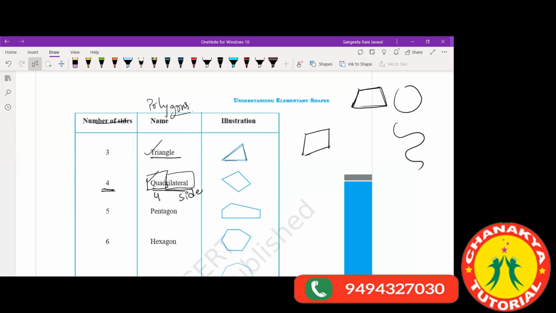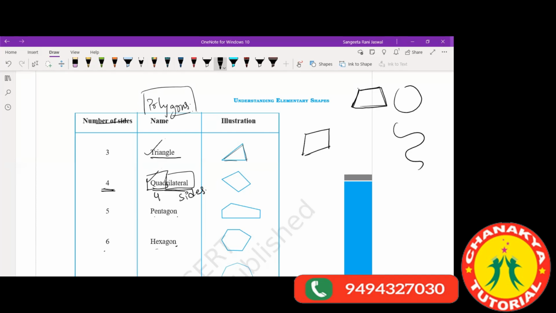So any four-sided figure is called a quadrilateral. In the same way, a five-sided figure is called a pentagon. A six-sided figure is called a hexagon. And they are all actually polygons.